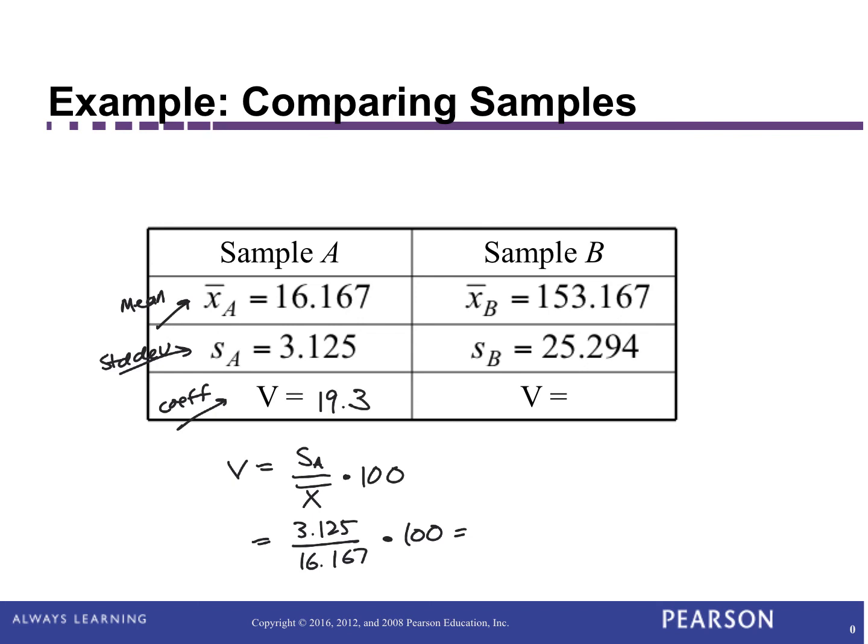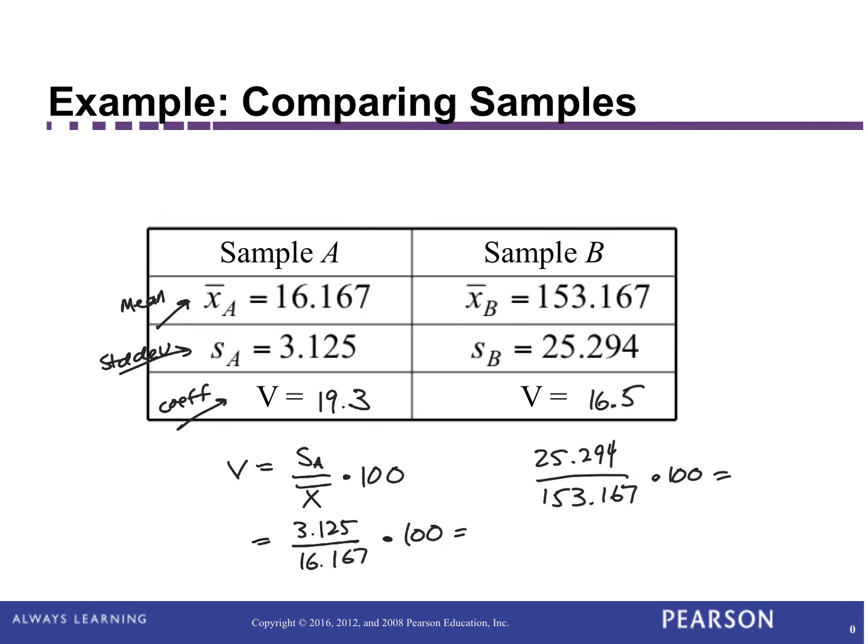Then the second one is going to be a standard deviation of 25.294 over 153.167 times 100. And that calculation is 16.5.